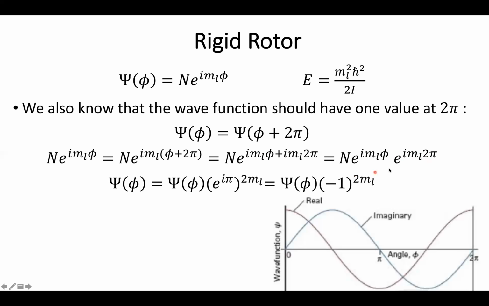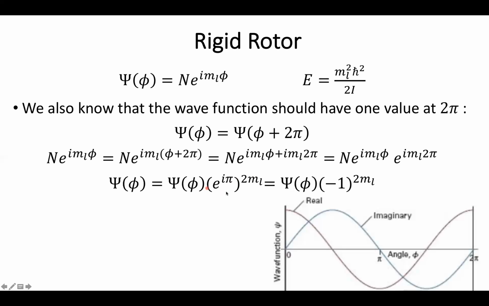Well, this is going to be a little bit problematic. However, we can essentially substitute out the system. Again, using our exponential rules, we can pull out the 2 pi as a power. So this is going to be the same thing as e to the i pi, raised to 2 times the rotational quantum number. We get to pull that out.